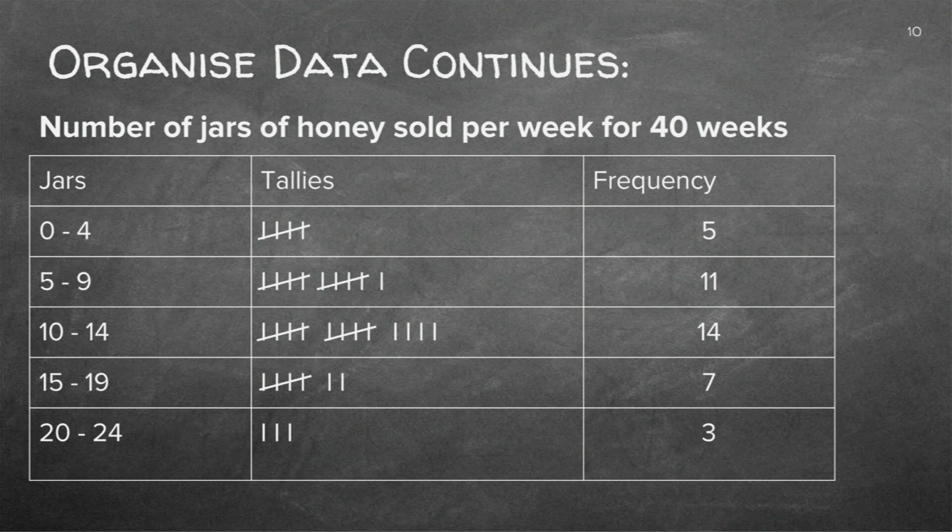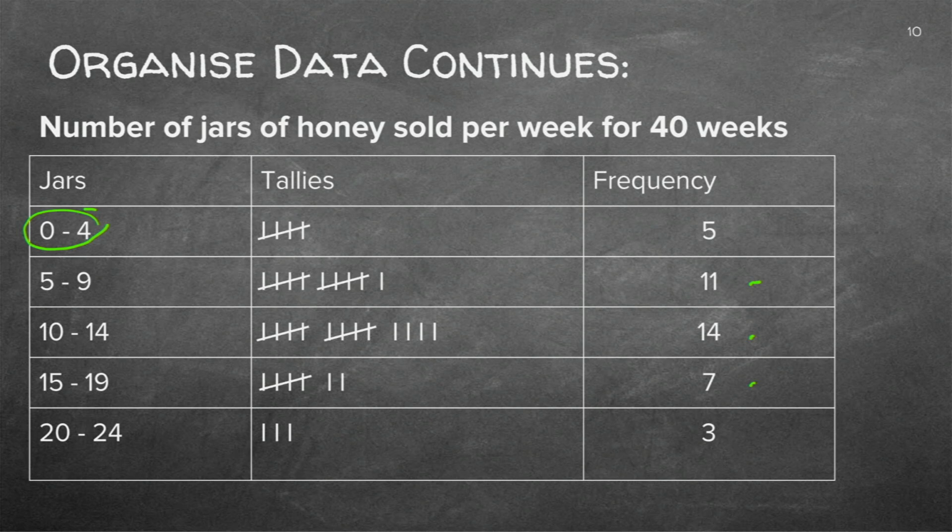She has decided that 0 to 4 jars of honey were sold in 5 weeks. 5 to 9 jars of honey were sold in 11 weeks, 10 to 14 in 14 weeks, 15 to 19 in 7 weeks, and 20 to 24 jars in 3 weeks, from the total of 40.